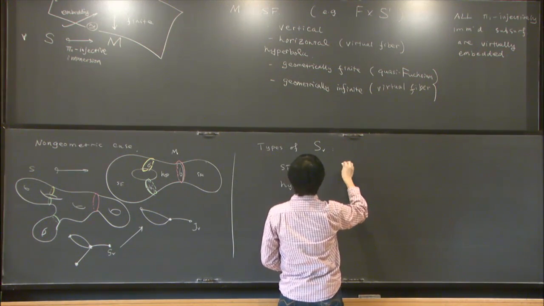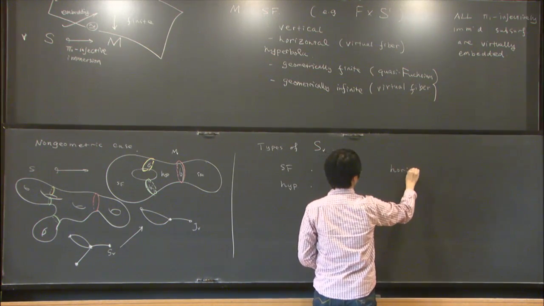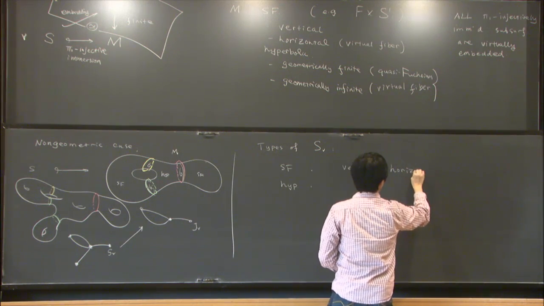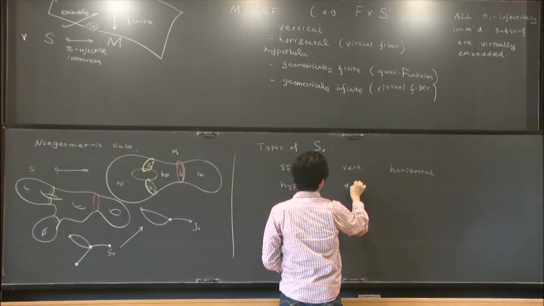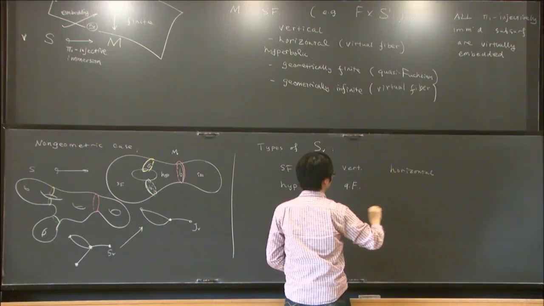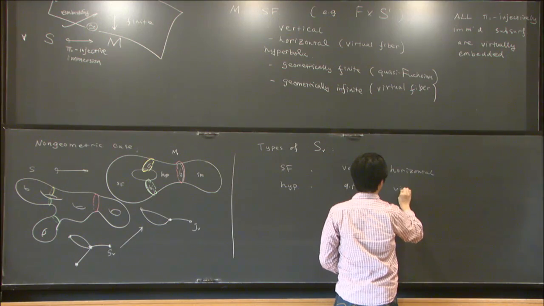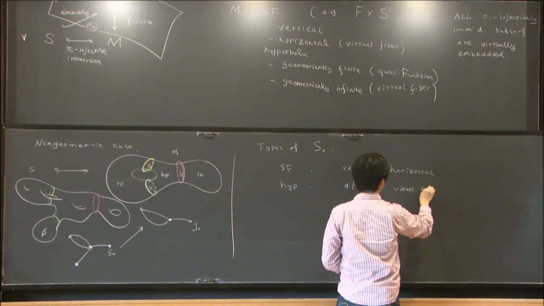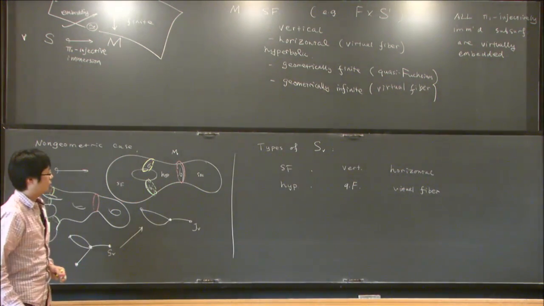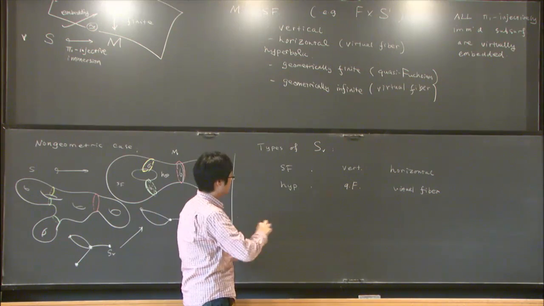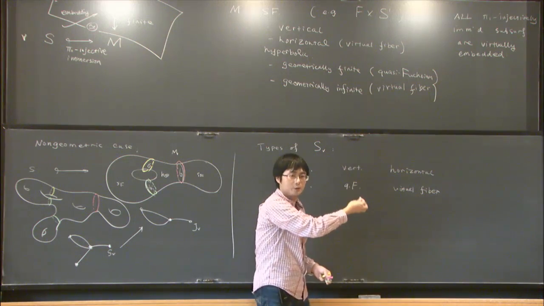It will be vertical or horizontal, and it could be quasi-Fuchsian or virtual fiber. I'm putting this in this form because I try to emphasize the similarity between corresponding terms.